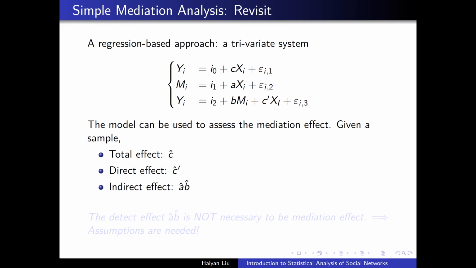However, it's important to note that the detected indirect effect A hat B hat is not necessarily a mediation effect. Even if there is no mediation process involved, when we fit the model to three variables like this, we're still able to get an estimate for A hat B hat.